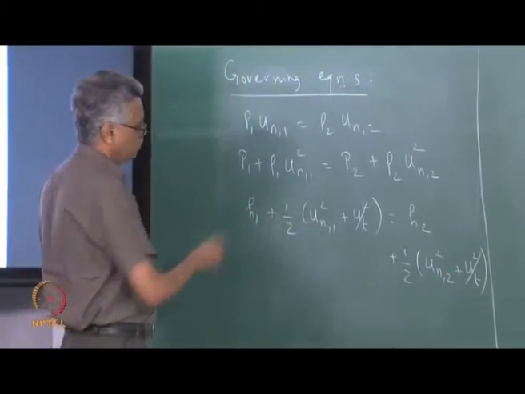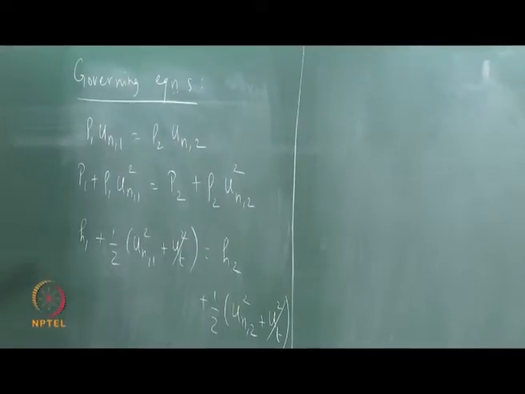So ut squared cancels out, and we are left with almost the same thing as what we had before.